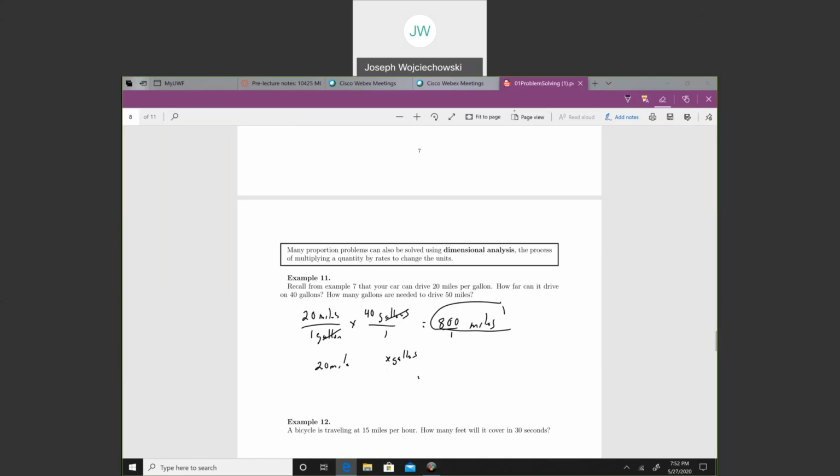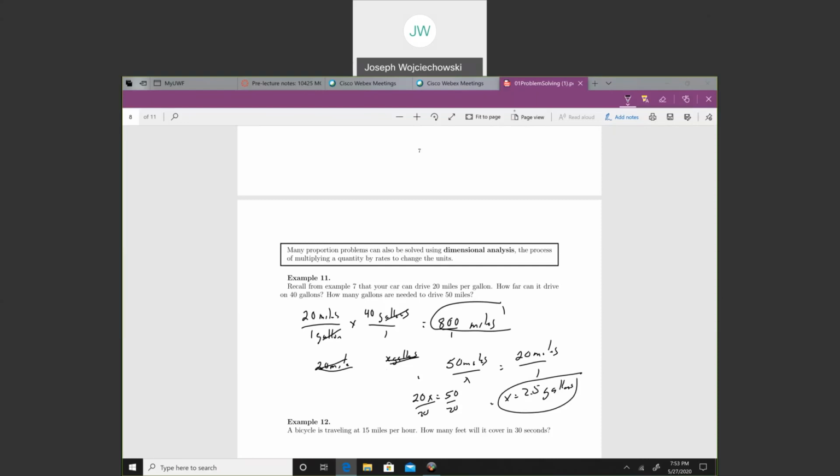That's 50 miles. Now how many gallons? Equal to 20 miles for 1 gallon. I have 20x equals 50. Divide by 20. We get x equals 2.5 gallons.